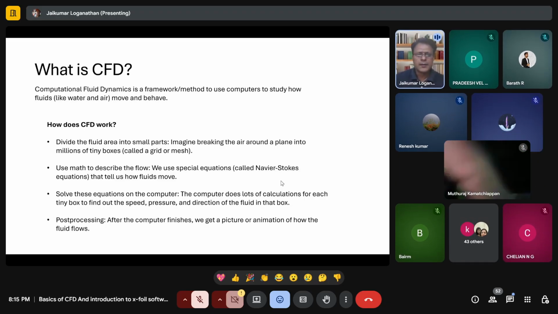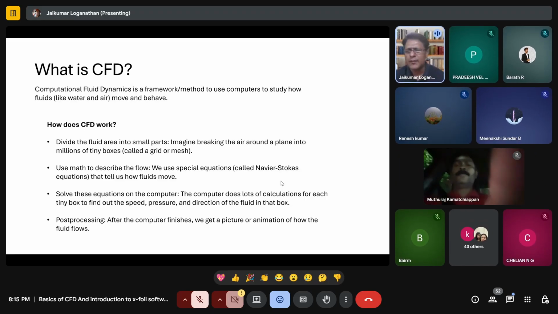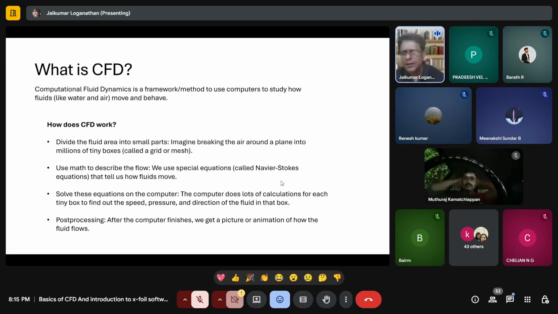I'll go to the next slide. So what is CFD, right? In a very basic sense, we are using computers to understand how fluids move and behave. We might be interested in how the fluids behave over a cylinder or an airfoil or inside a pipe. It could be inside a gas turbine or a wind turbine.